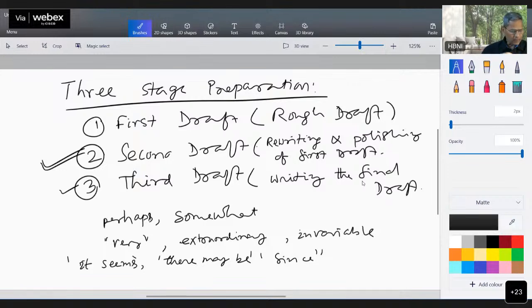You must take care to use present and past tenses.